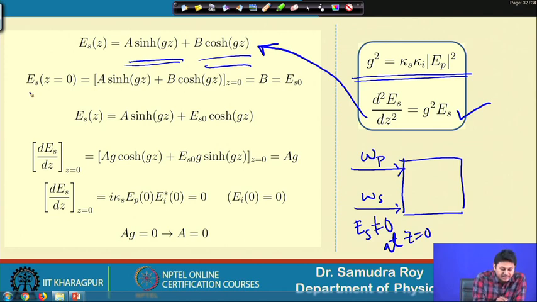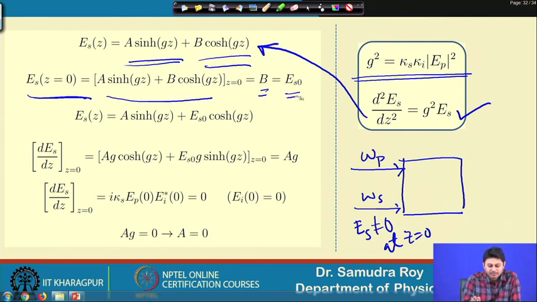So, Es at z equal to 0, basically the signal at z equal to 0, I can put this value as B. So, B has to be equal to some input value, and we define this input value as Es0. This is the input. If I now put this value of B, Es becomes A sinh of Gz plus Es0 cosh of Gz.